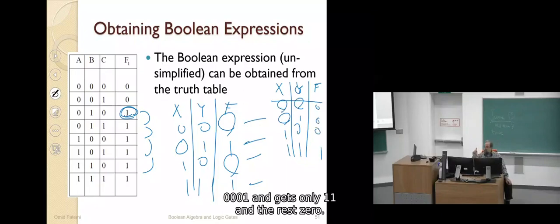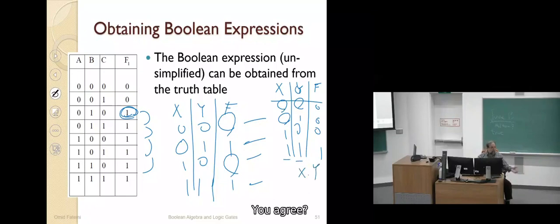AND gets only 1, 1, and the rest is 0. And this 1 corresponds to x and y. So this f is x and y. Do you agree? This f is x and y. This is the truth table of AND.